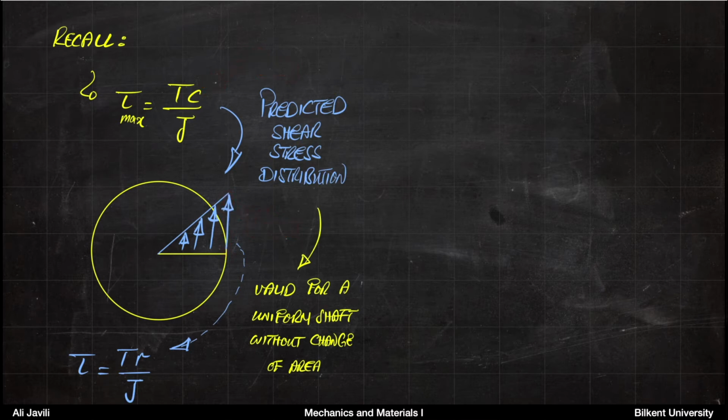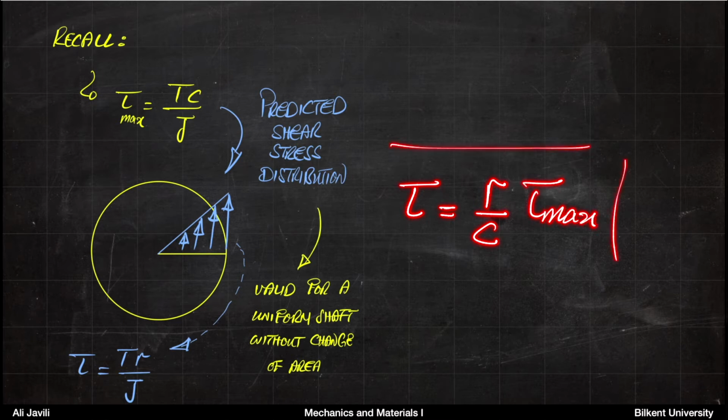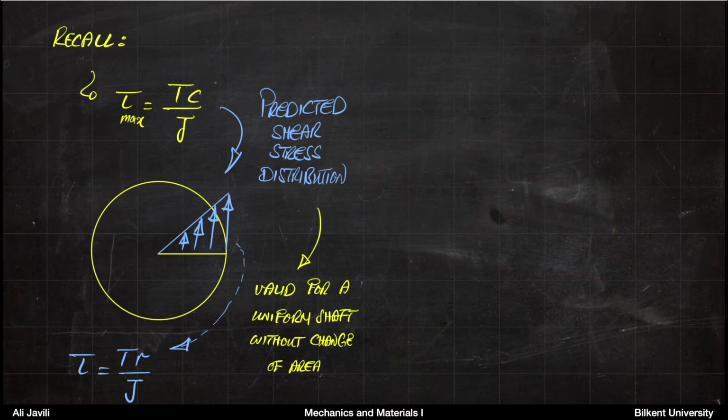Now, the stress distribution itself follows this formula, or maybe you just remember it as tau equals r divided by c times tau max. So you can see that you would have a linear distribution of stress. This is valid for a uniform shaft without any change of area.